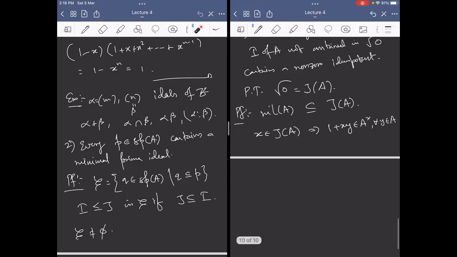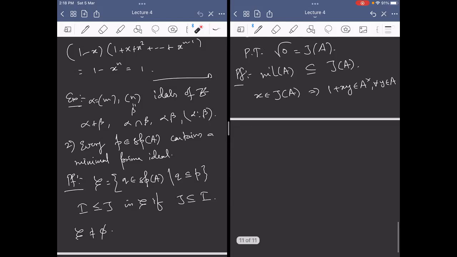Now, what happens if x is not in the nil radical? If x does not belong to the nil radical of A, that means by the hypothesis, the ideal generated by x contains a non-zero idempotent.